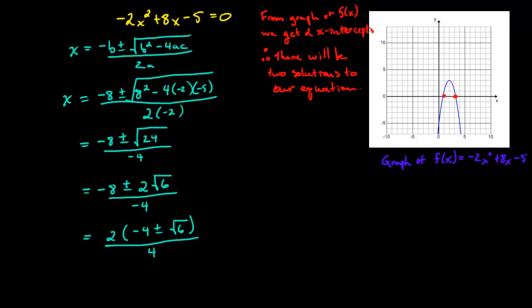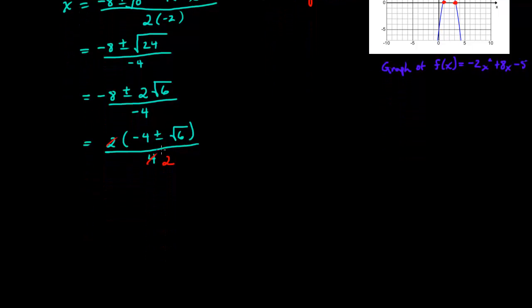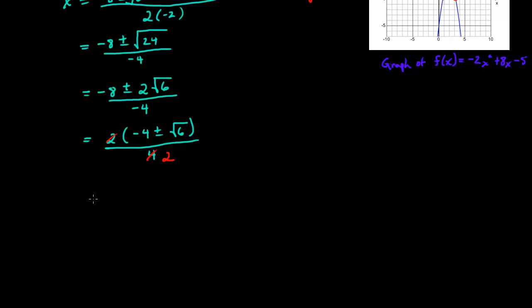Now, 4 and 2 are both divisible by 2, so I can divide out a factor of 2. 2 divided by 2 is 1, and 4 divided by 2 is just 2. So my two roots are x is equal to negative 4 plus root 6 over 2, and my other root is x is equal to negative 4 minus root 6 over 2.